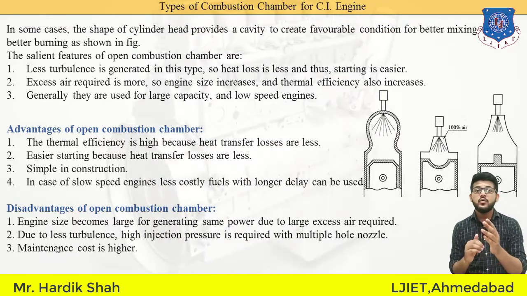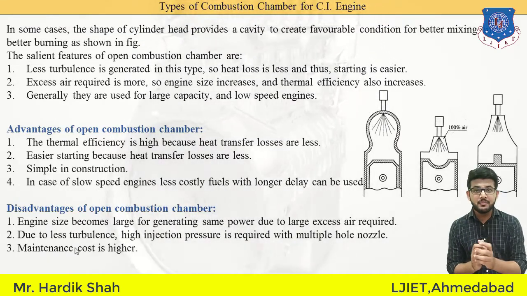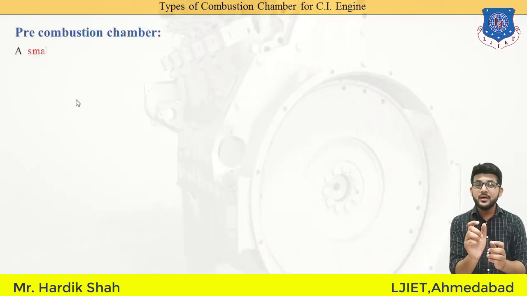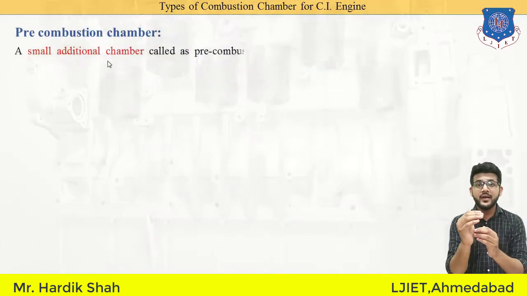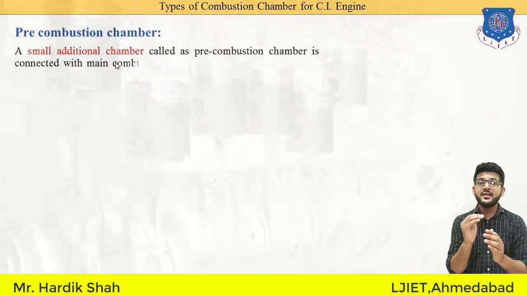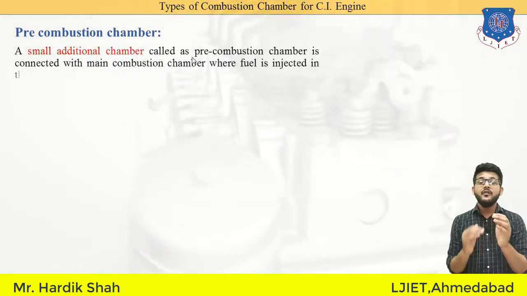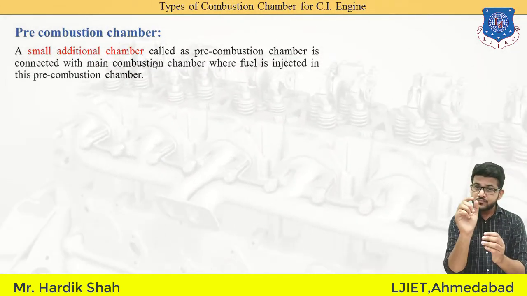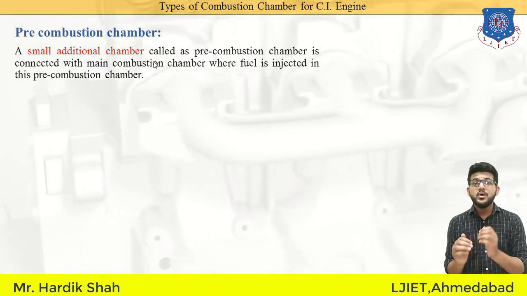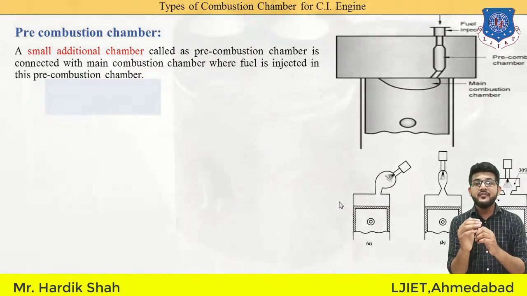Now let's discuss the pre-combustion chamber. A small additional chamber given over the head is called a pre-combustion chamber. It is connected with the main combustion chamber, and the fuel is injected into it. Both of these chambers are connected with small holes.